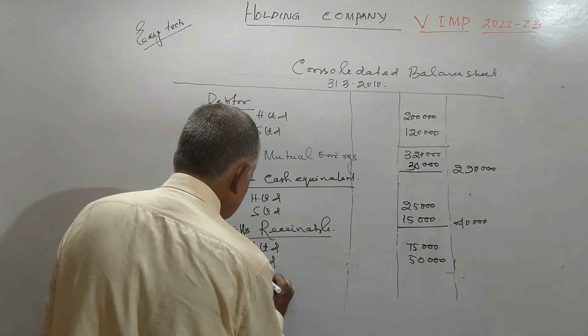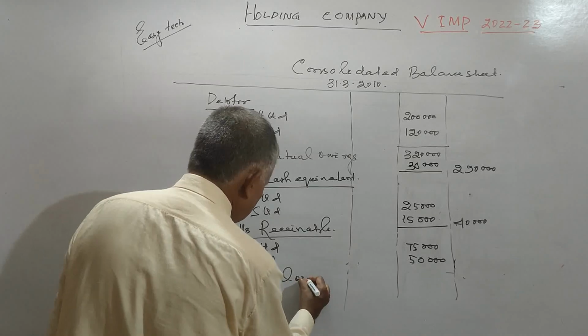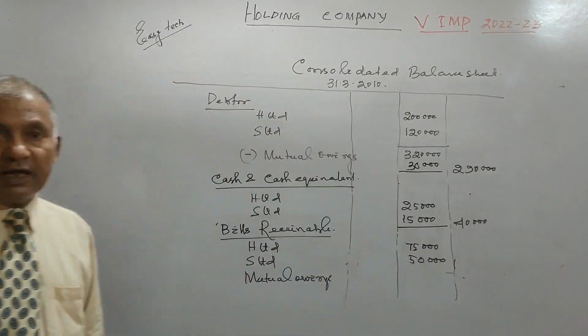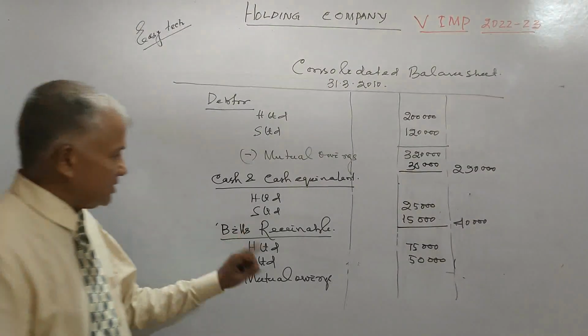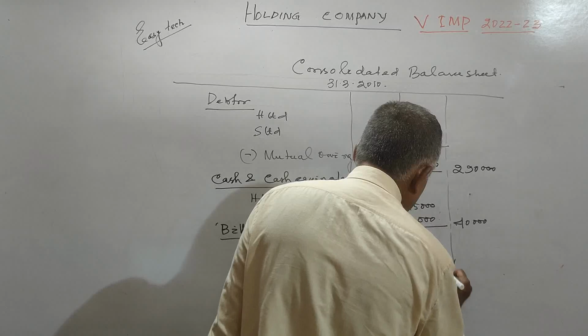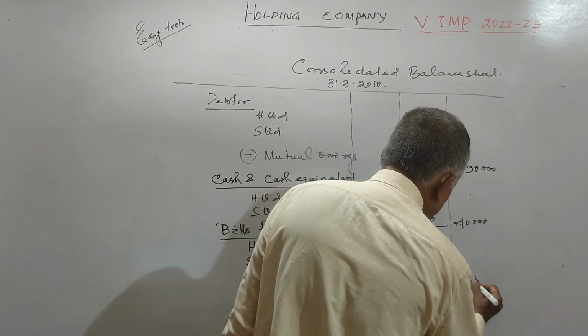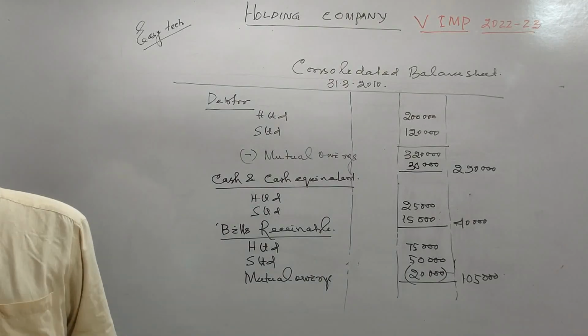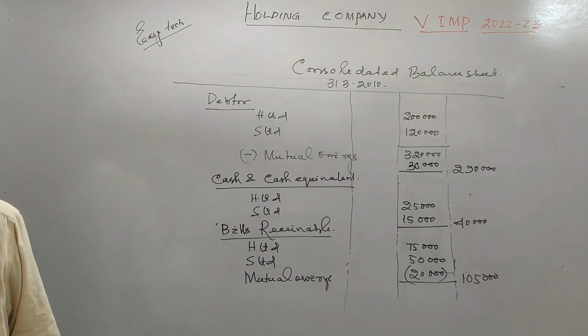Mutual owing, that is in bills payable it was 20,000. In bills receivable also 20,000 is to be deducted. So total 1,05,000. This is your bills receivable, right?